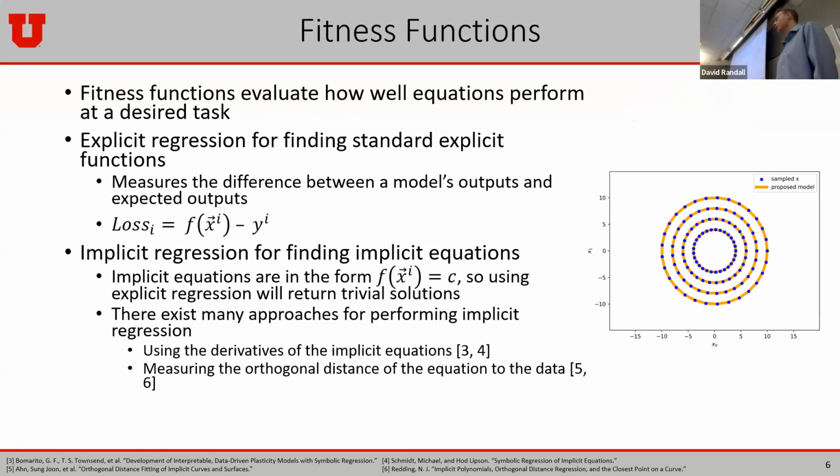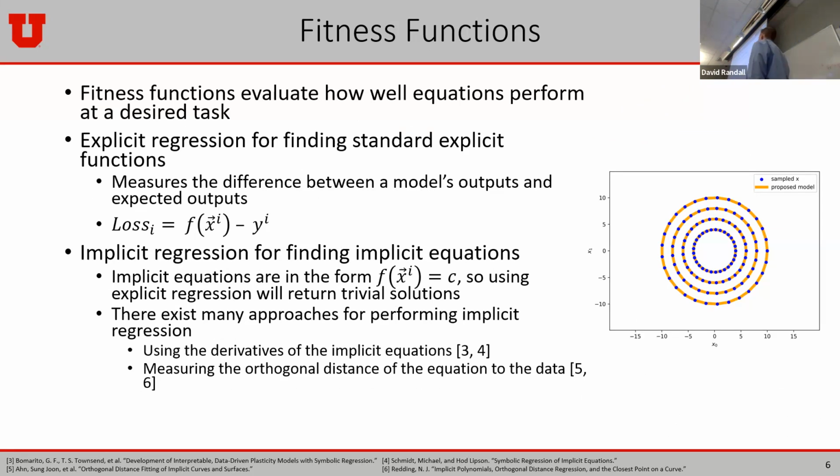You can think of these as loss functions to determine how well equations perform at a given task. The two that we'll be looking at are explicit and implicit regression, which are for finding explicit and implicit equations respectively. For the former, the typical way of measuring the loss is simply to evaluate the equation and then measure the difference with an expected value.